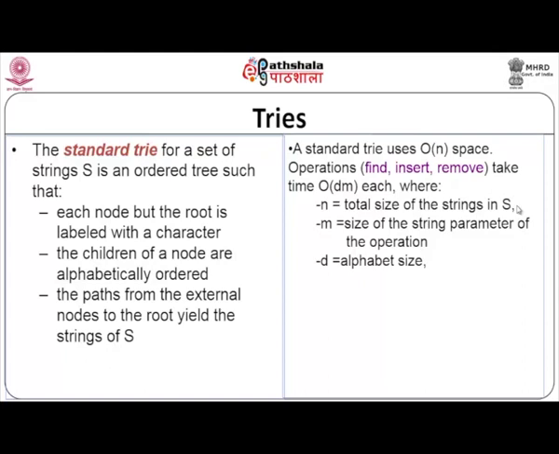M is the size of the string parameter of the operation, whatever you want to find, that is, the number of characters in that string, and d is the alphabet size. So, for example, if you are talking about alphabets, 26 is the alphabet size. If it is numerals, 10 is the size. So, the size of the string that you use as a parameter in the operation will determine the order of the time taken.